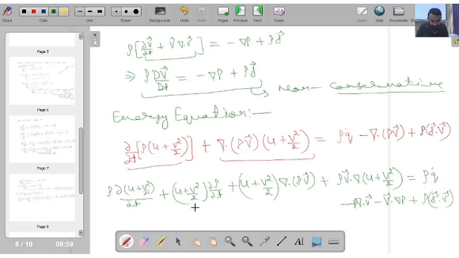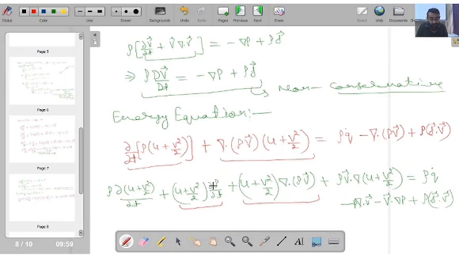Fine. Now, if you see the second and third terms on the left hand side, u plus v square by 2 is a multiplier in both the terms.